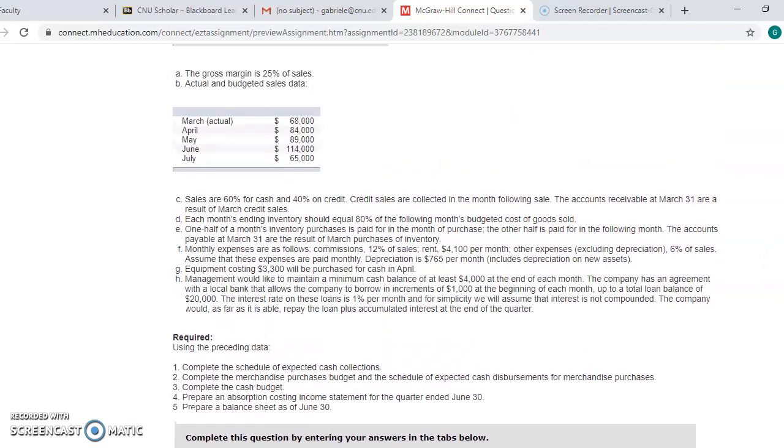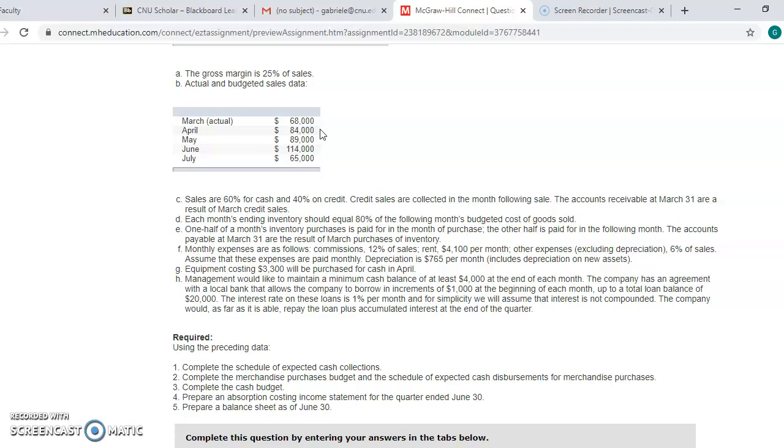We're told that the expenses are as follows: commissions, 12% of sales. April sales were 84,000. If you take 84,000 times 12%, give me a second, I have to do this with my calculator.